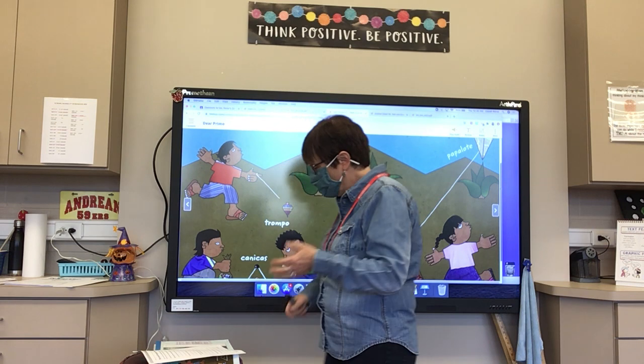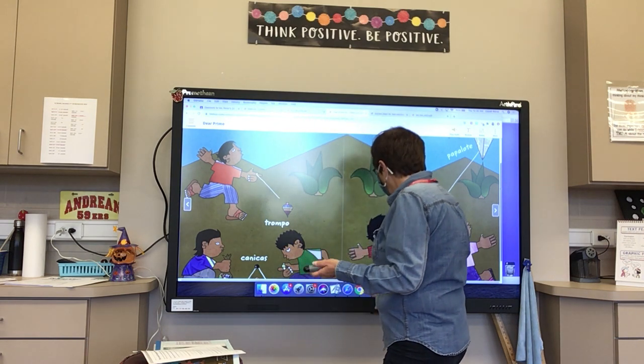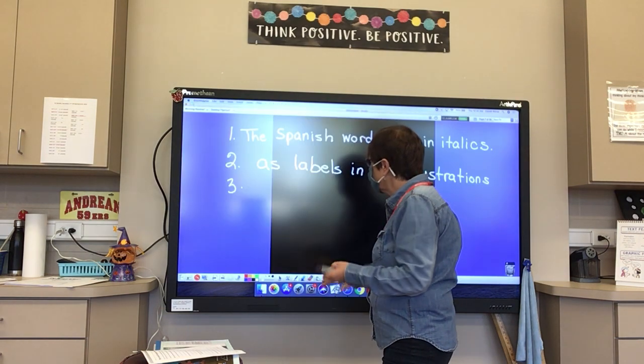So the illustrations and the labels tell us what the Spanish words are, right?